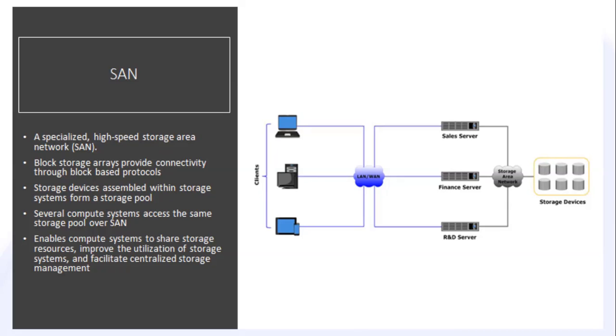Again, the advantage here is that we are assigning storage devices from a storage pool. That means the storage devices are shared across the servers, so that more than one server can access the storage pool, using different protocols. We'll come to which protocols are typically used, but something like iSCSI, right, or a CASI port.